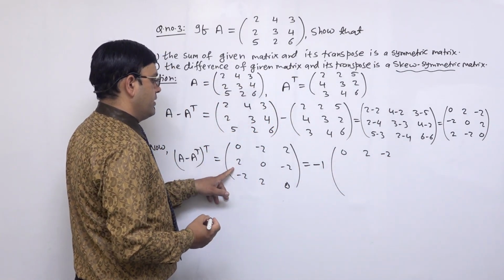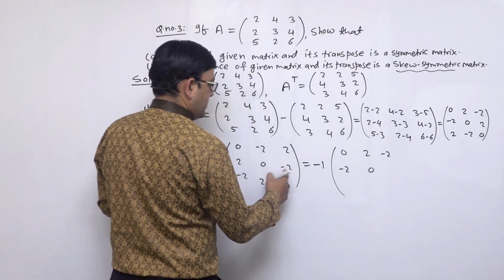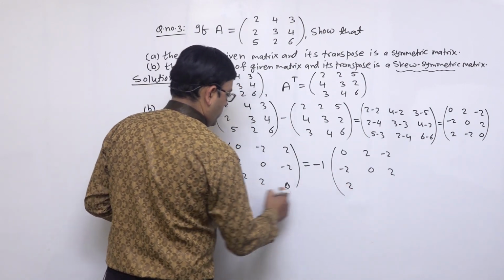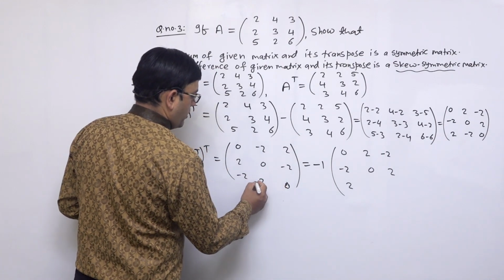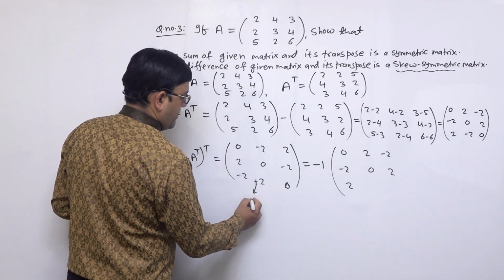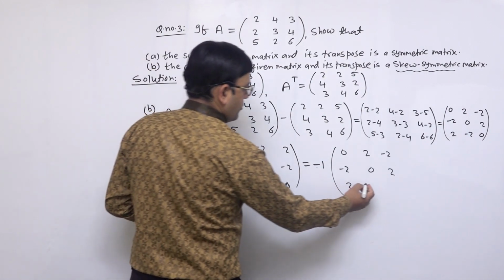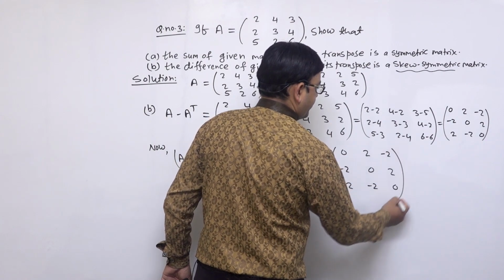Same here, here is minus 2, and then 0, and then minus is common already, so here is 2. Here is minus common, so 2, and here is plus sign, so minus times minus, one minus here and another minus here, minus 2, and then 0 is the same 0.